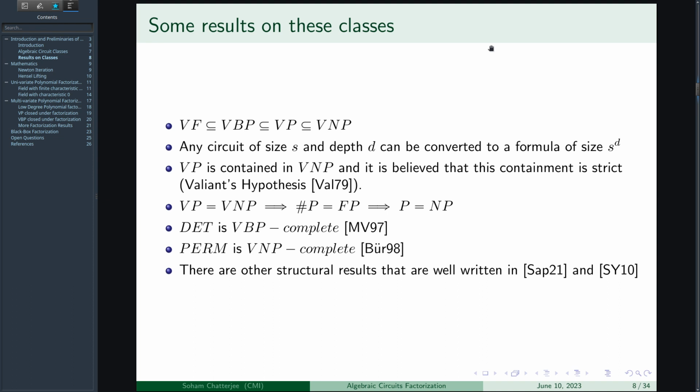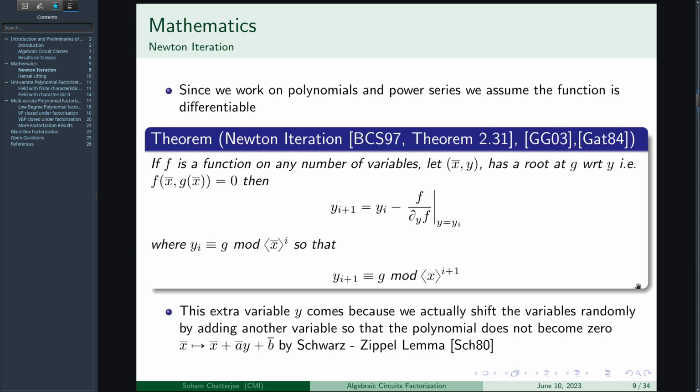You can read those things in two surveys. One is by Ramprasad Saptharishi and another is joint work by Amir Shpilka and Amir Yehudayoff. Both surveys are very good; you can start reading them.